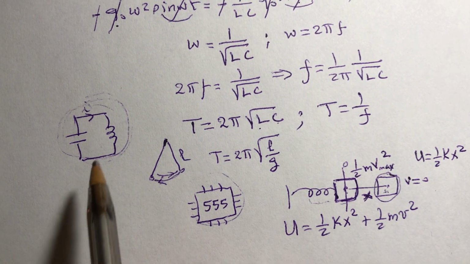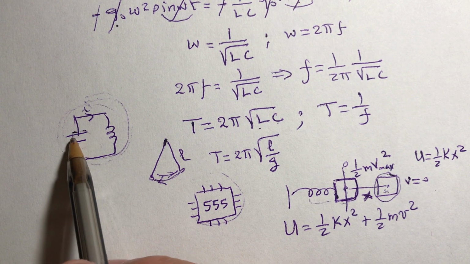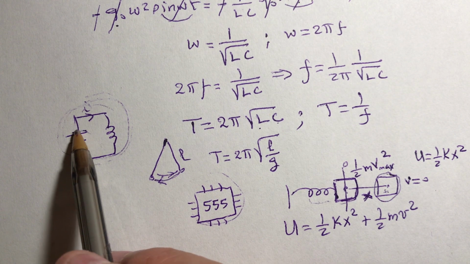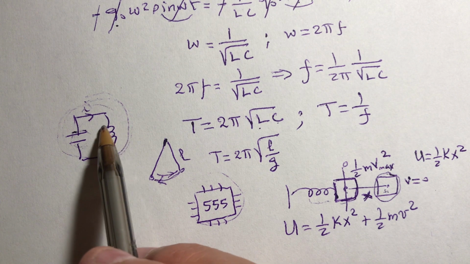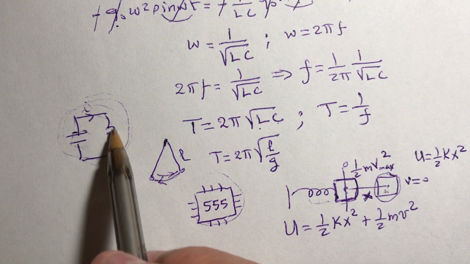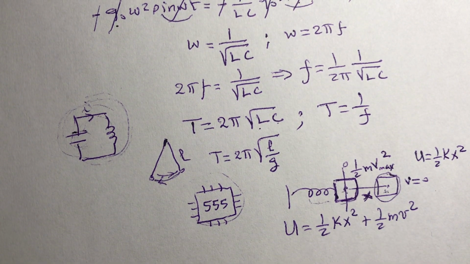It's the same thing here with the LC oscillator. The capacitor gets the energy, stored in the electric field, and then it gives it to the inductor. The inductor gets that energy, and it becomes stored in the magnetic field, and then gives the energy back and forth, the same thing here, back and forth, okay?